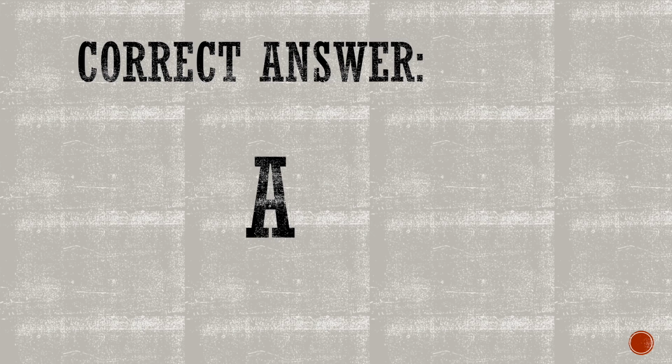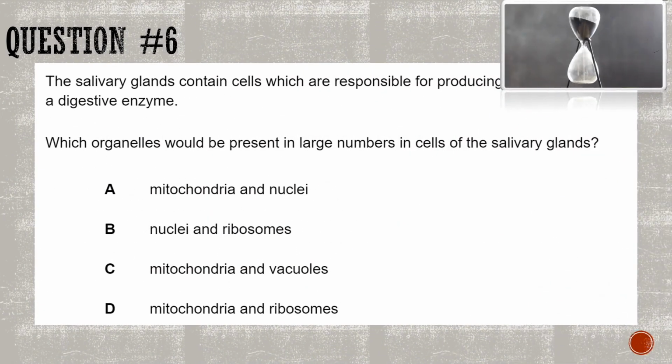And the correct answer is A. The salivary glands contain cells which are responsible for producing salivary amylase, a digestive enzyme.